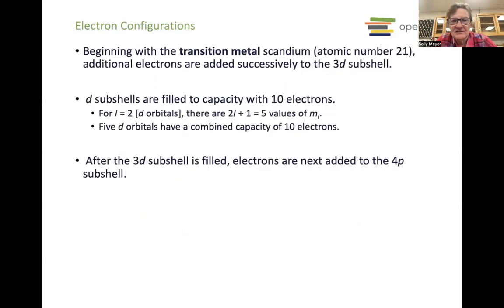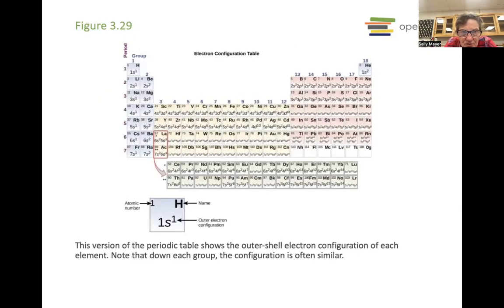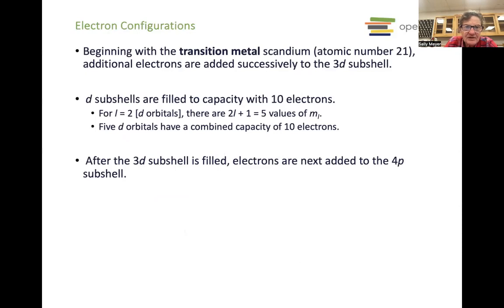So beginning with the transition metal scandium, additional electrons are added successively to the 3d orbital. That's in the first d series. D subshells are filled to capacity with 10 electrons because there are 5 orbitals and each orbital can have 2.